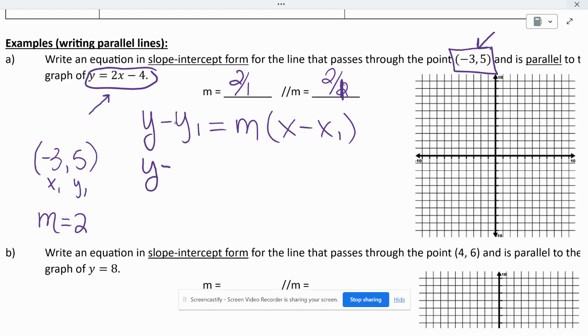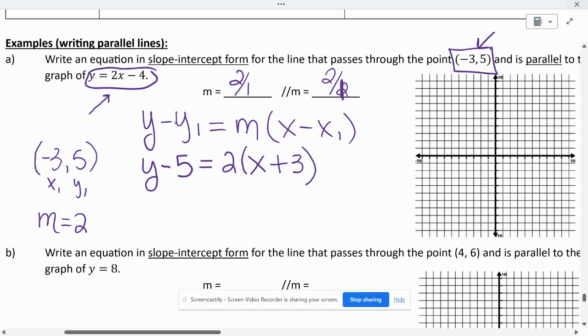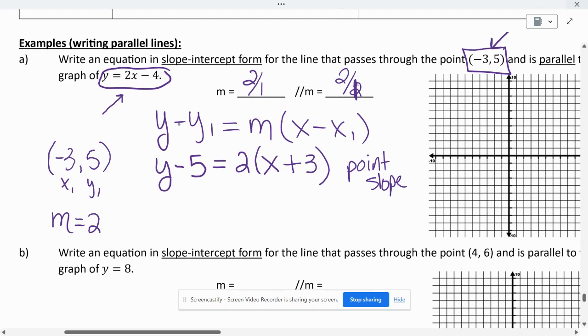y minus 5 equals 2 times the quantity x minus a negative becomes what? Plus 3. This is not written in slope-intercept form. This is in point-slope form. I have to change it. I have to put it in slope-intercept form. So what does that look like?